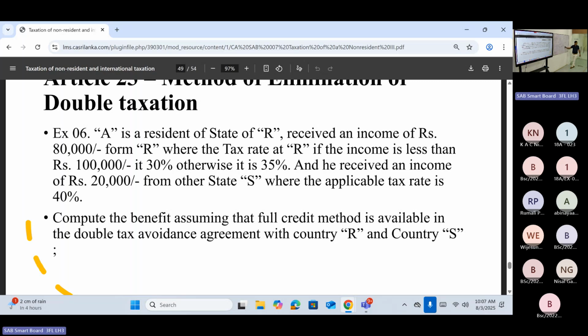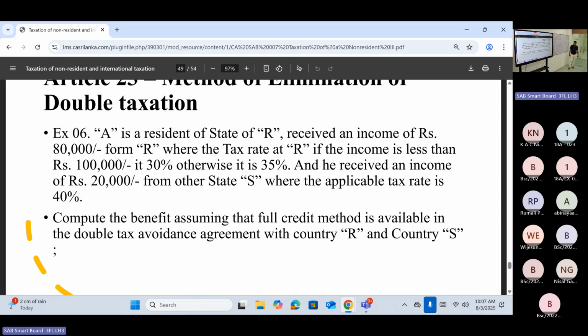He has already paid 8,000 in the other country. Altogether, how much is the total tax? Tax exposure is 35,000 anyway.